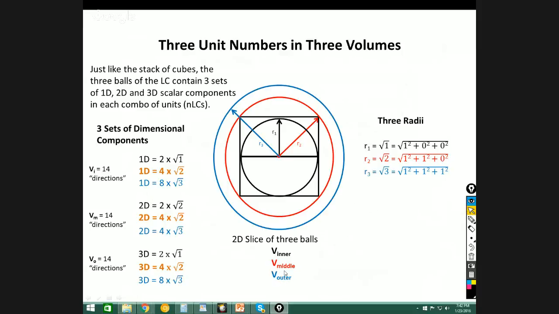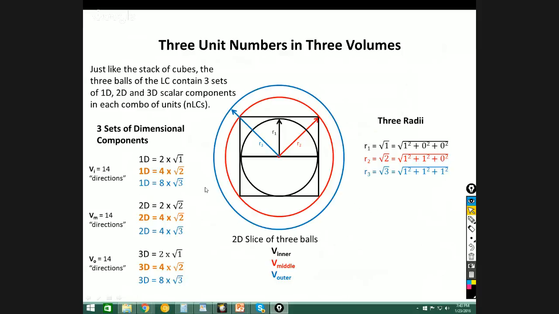And the blue is the volume of the outer ball based on their radii here that we've derived. Now, of course, you have to include the appropriate constant of pi in there. We have 4 pi divided by 3 to get the actual volume that would be multiplied by cubing this radius, and the same thing with the others.